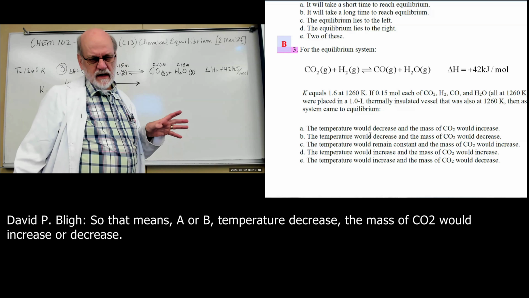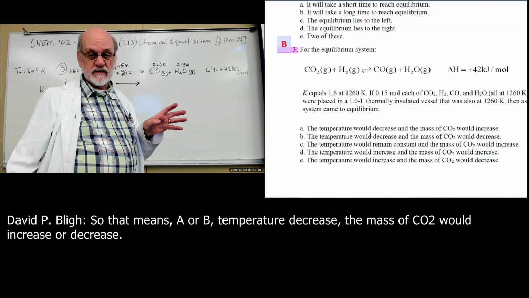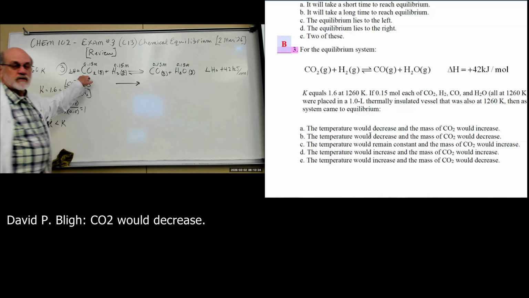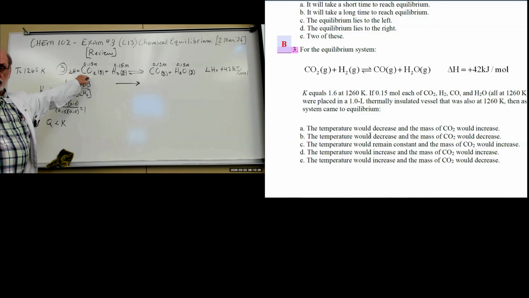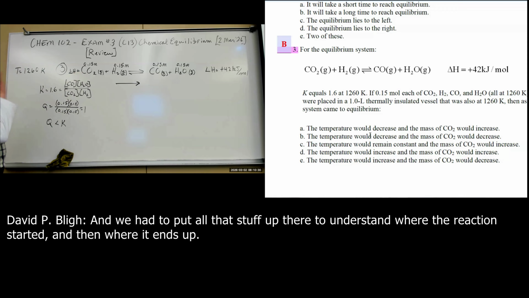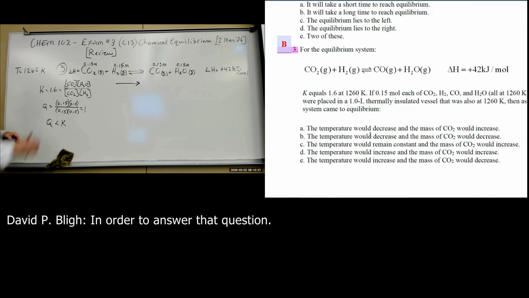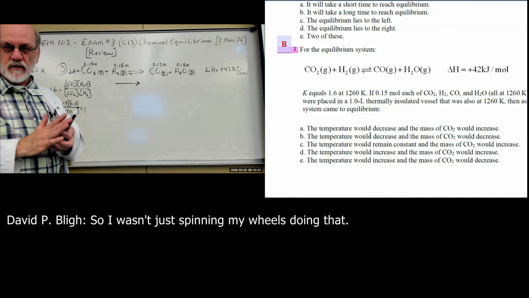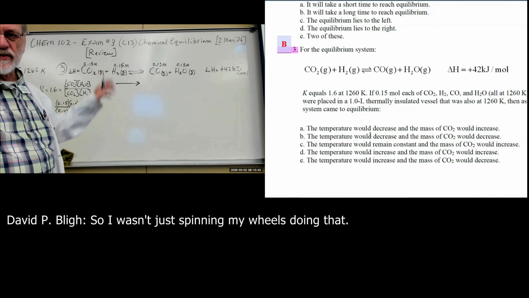So that means A or B, temperature decrease. The mass of CO2 would increase or decrease? CO2 would decrease. So that's why B is the answer. And we had to put all that stuff up there to understand where the reaction started and then where it ends up in order to answer that question. So I wasn't just spinning my wheels doing that.